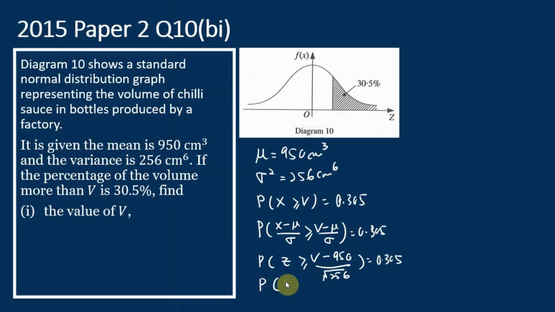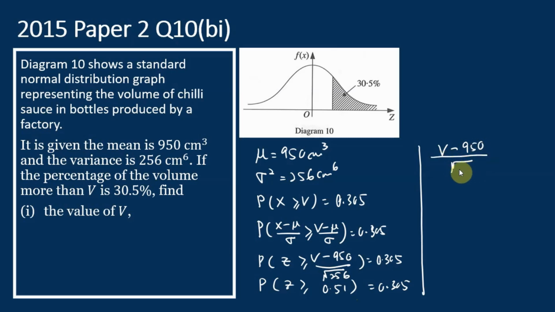The probability that Z is greater than 0.51 is equal to 0.305. When we compare these two, we can tell that V minus 950 over the square root of 256 is equal to 0.51.